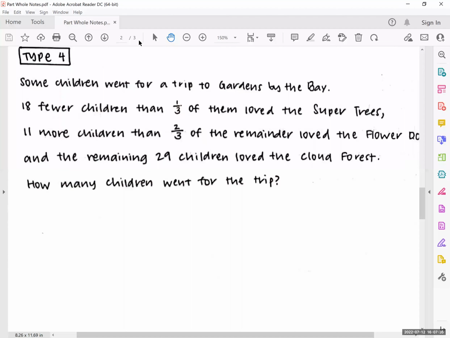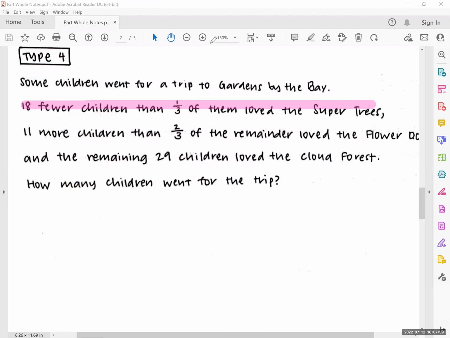Okay, so for the next part, type 4. Now, a lot of things are happening. So same thing, let's read this magical sentence first. The first sentence, they say that 18 fewer. You know, previously we did additional, right? Or more, correct?